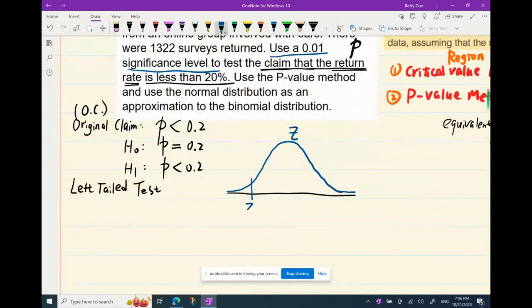So here z sub alpha, we know it's going to be a negative number because the z curve is centered at 0.